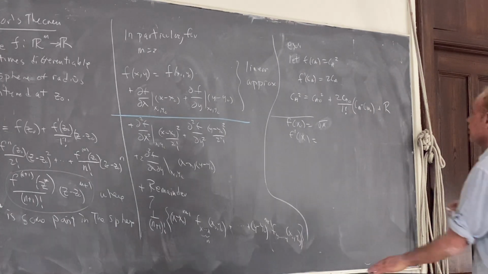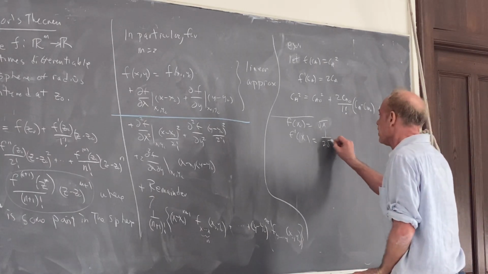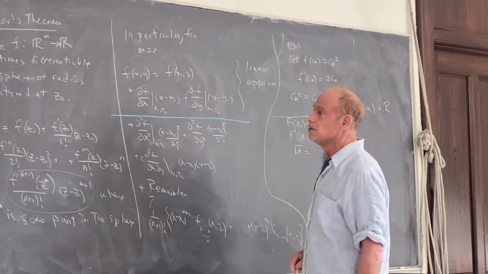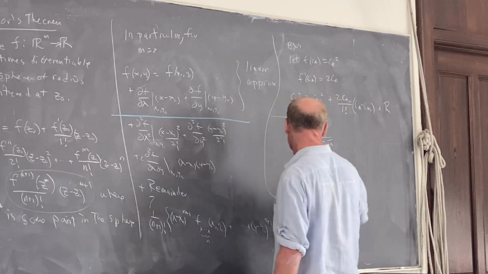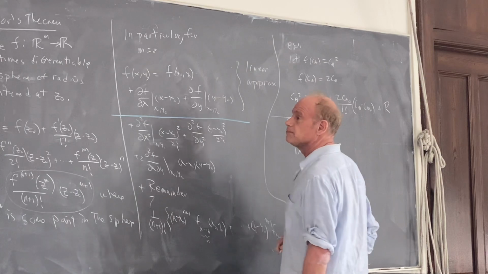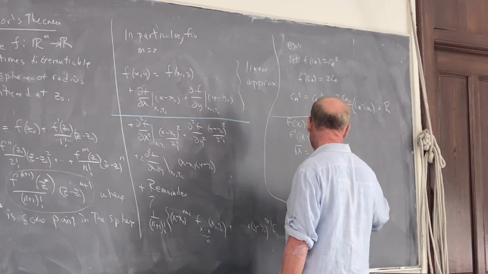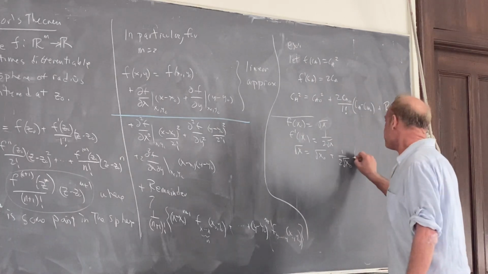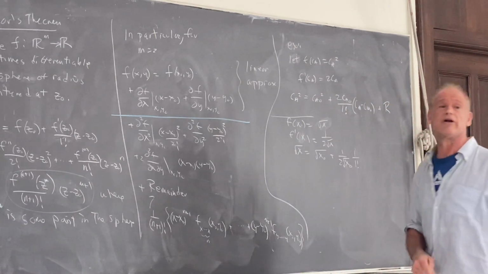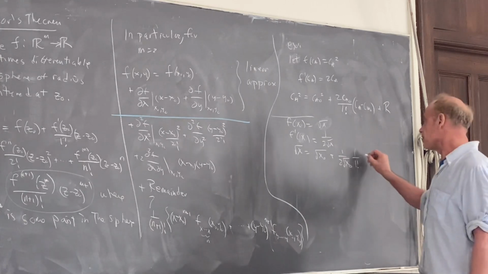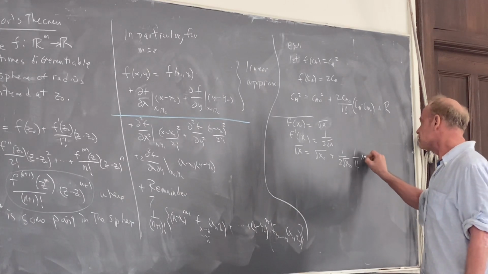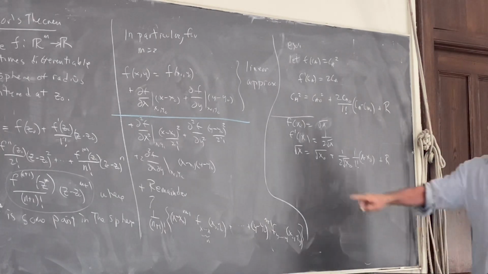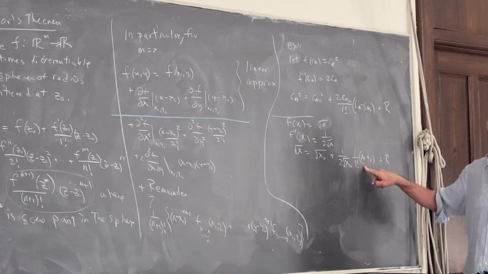Yep. 1 over 2 square root of x. So now that tells me that the square root of x is equal to the square root of x0 plus the derivative, 1 over 2 square root of x0, evaluated at x0, divided by 1 factorial, which is 1. I'm sorry to be so fussy about that, but I just want to follow the rule, times x minus x0, plus the remainder term. Notice the square root is nonlinear, this is linear.